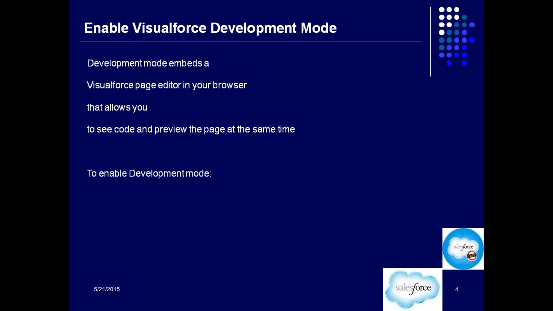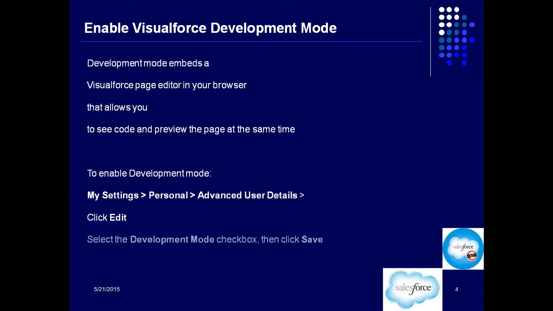So please log in into your developer editions quickly, and then I'll help you how to enable your development mode. I want everyone to do that. Please log in into your developer editions very quickly. Once you're logged in into your developer editions, you just need to go to My Settings, Personal, Advanced User Details, then click on the Edit option and then select the Development Mode checkbox.